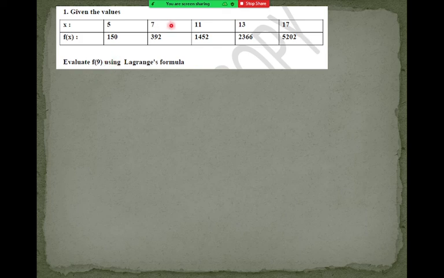So 9 lies between 7 and 11. Yes, it is in the beginning of the data, so we can say forward also or Lagrange's. But to apply the forward interpolation formula, the first important condition is the values of xi should be equally spaced. You'll observe 7 minus 5 is 2, 11 minus 7 is 4.